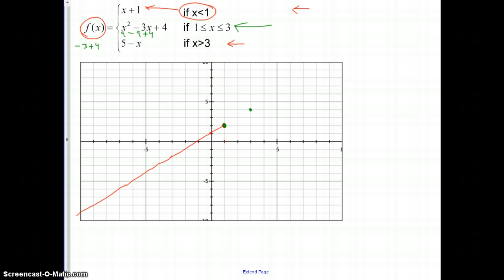This is a parabola. It is opening upwards. So I'm going to do my best to make a parabola connecting those points. We could find the vertex, and actually we probably should. The vertex of this equation, negative b over 2a. So the vertex is at 1.5, and a y value of, let's see, 9/4 minus 9/2 plus 4.